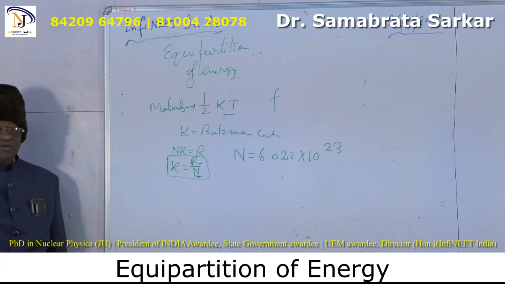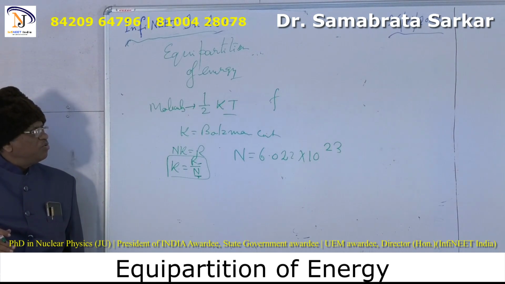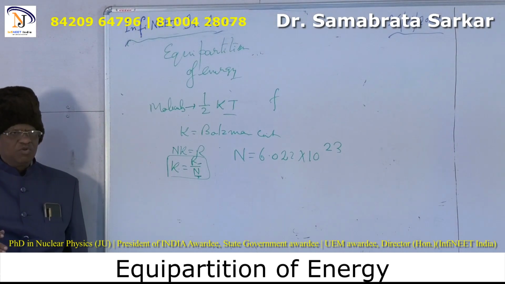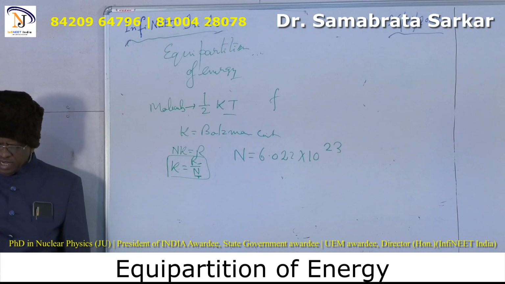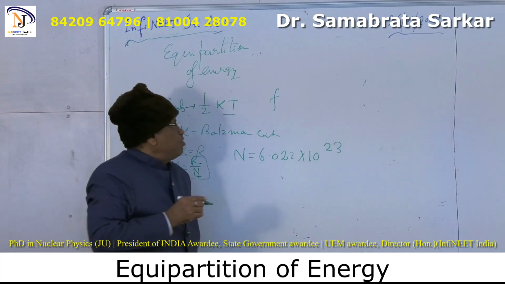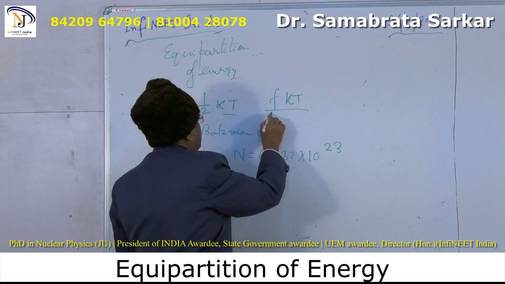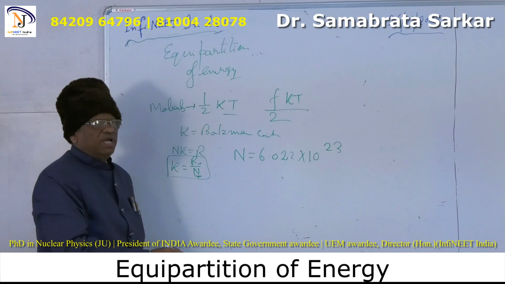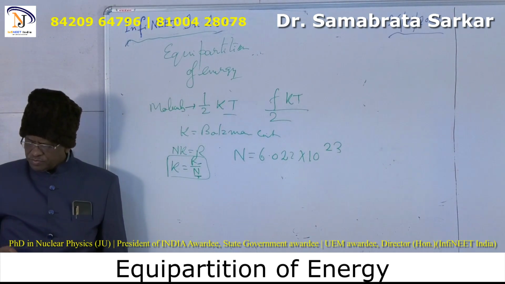Each degree of freedom has energy, in each direction. So f into k into T by 2. Take a note: f into k into T by 2.